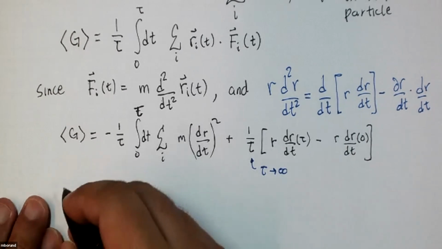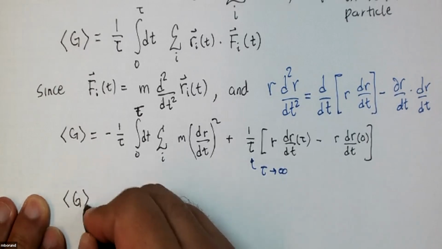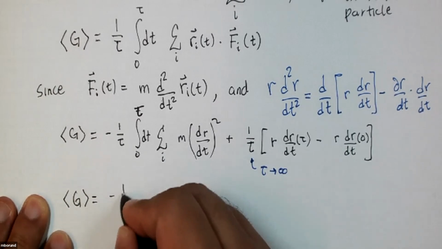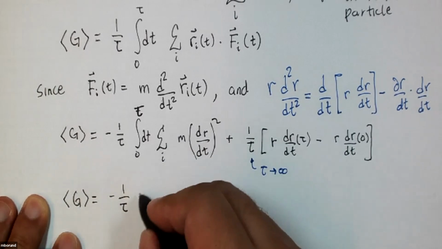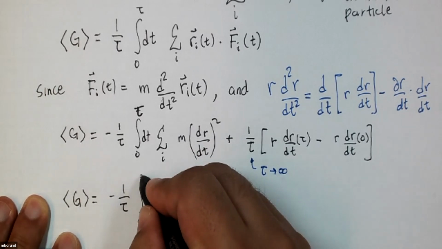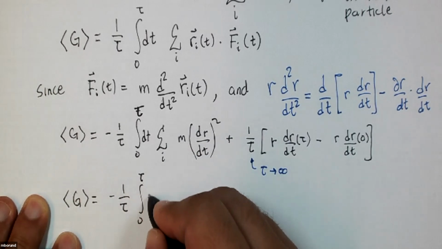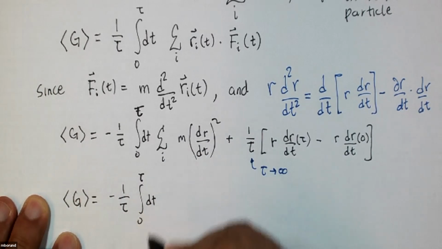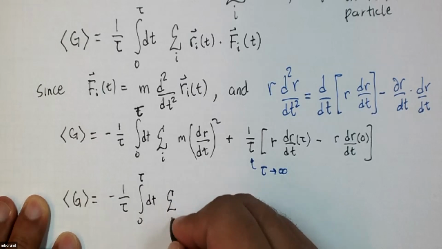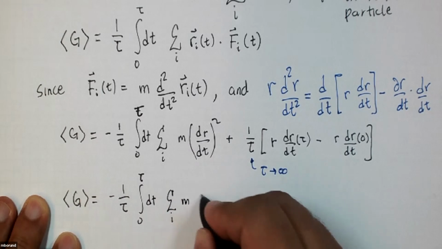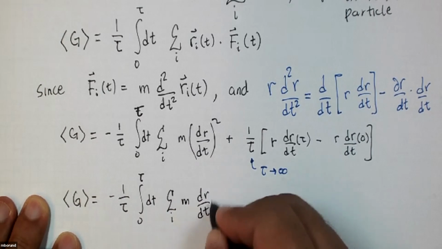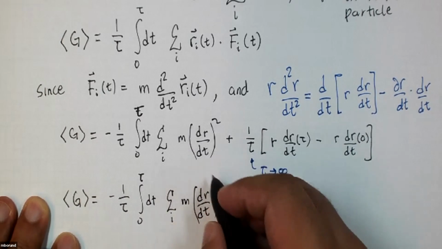So then that means that I can rewrite my G quantity as 1 over tau, integral 0 to tau dt, sum over i m dr/dt squared.